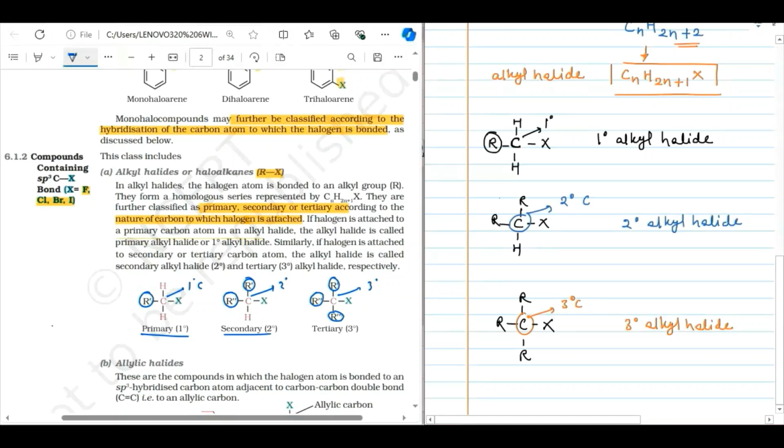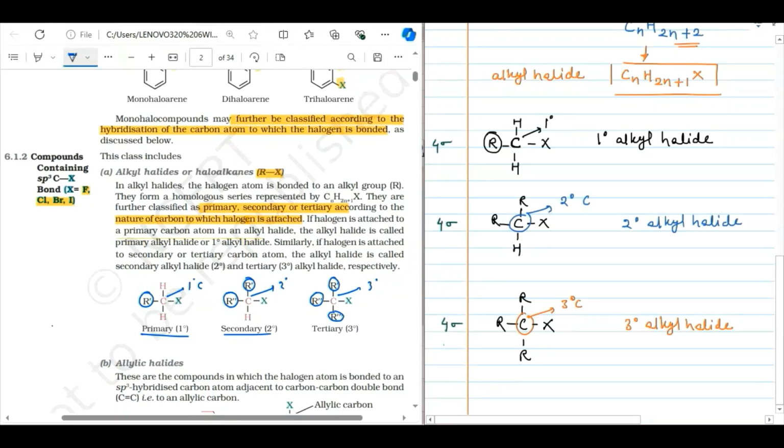So here when you see the hybridization of carbon atom to which halogen is bonded, as this carbon has formed 4 sigma bonds, this carbon also has formed 4 sigma bonds and this carbon has also formed 4 sigma bonds.